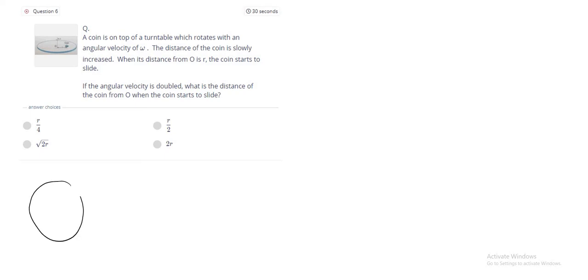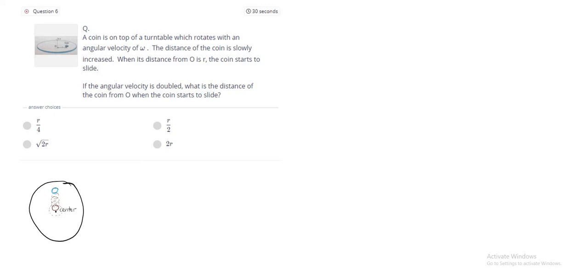You have your turntable, which is round in shape, and you have your coin, which is probably around here. If this is your center, what the question says is, you slowly increase the distance of the coin from the center, and you let it rotate.